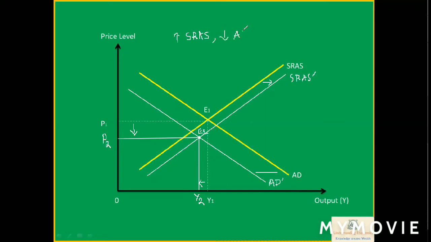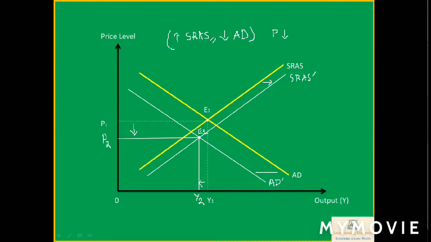So how the increase in SRAS and decline in AD, how this combination will impact the equilibrium output and price level, depends on the magnitude. In all the three cases, we have seen that price has declined. However, if both have changed in the same magnitude, then there is no change in output.